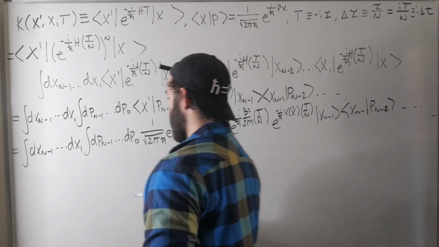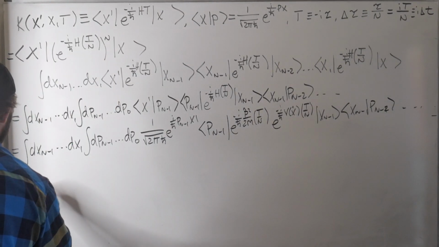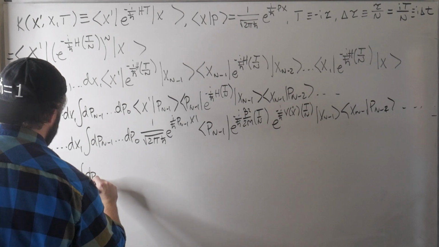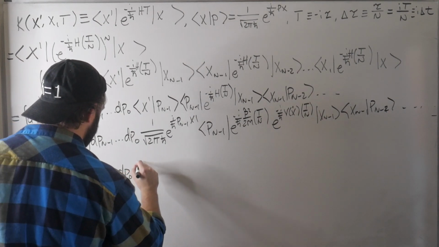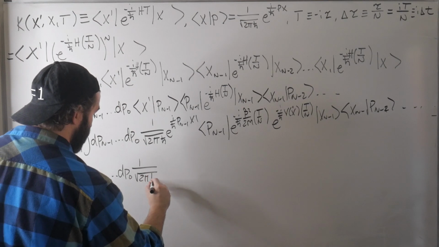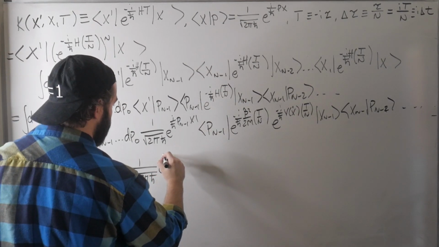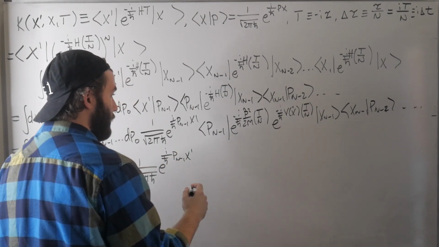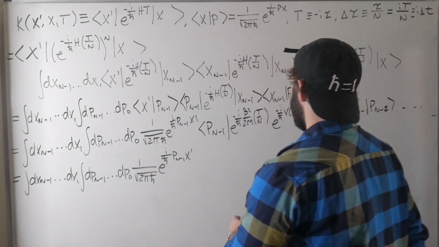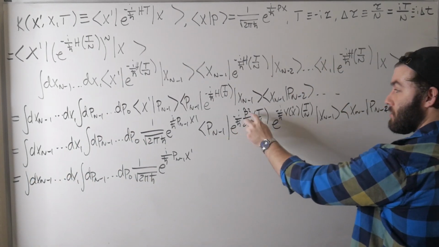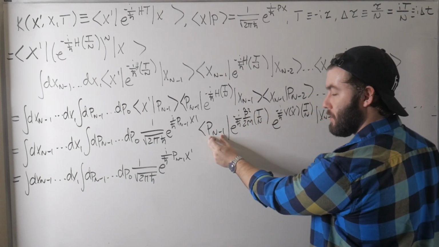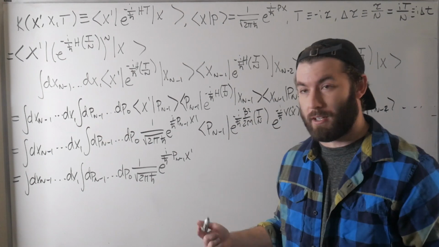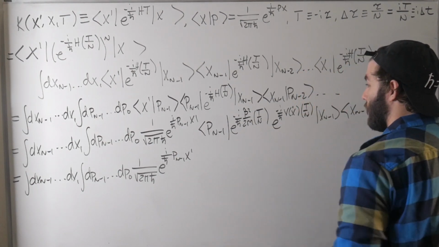So when we do that, this is going to give us, sorry if I'm blocking stuff, dx n minus 1 dot dot dot dx1, dp n minus 1 dot dot dot dp0, 1 over root 2 pi h bar, e to the i over h bar, p sub n minus 1, x prime. Since these are acting on the states, these are just going to be numbers now, and the eigenvalues are going to be these p sub n minus 1s and these x sub n minus 1s. You're not taking matrix elements of them, so we can pull them out of the inner product.